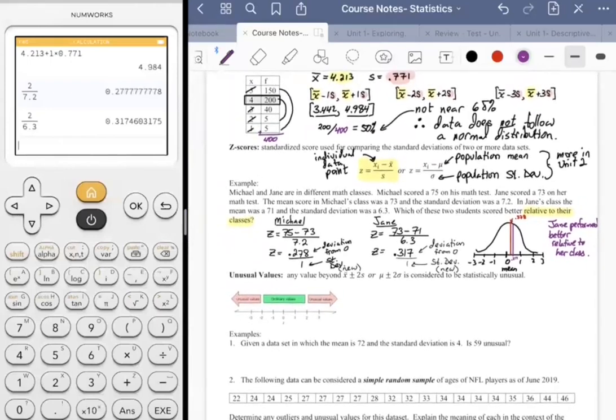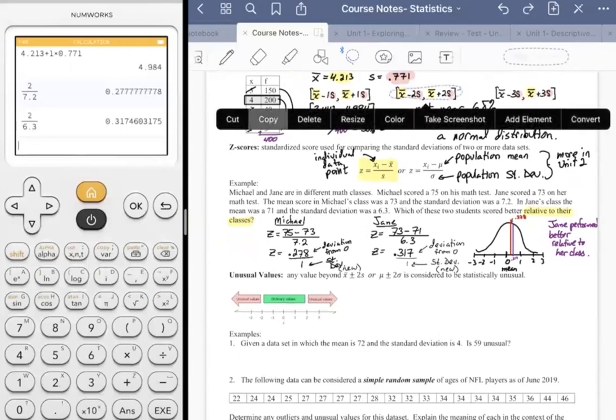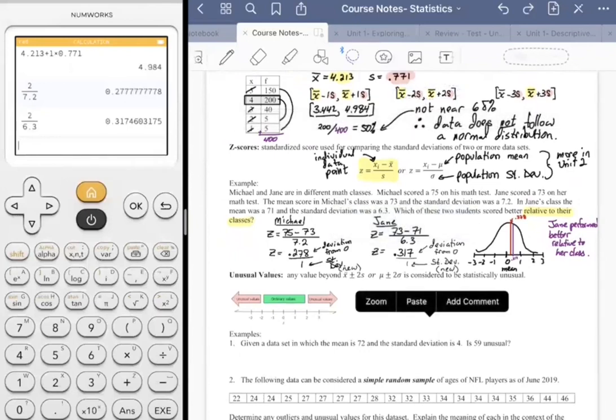Now, an application of this goes into what we call the usual, unusual values calculation. So we just kind of streamline that and just say unusual values, all right? Any value beyond X bar plus or minus 2S, which is the same computation that we did up here. So I can bring that right on down.